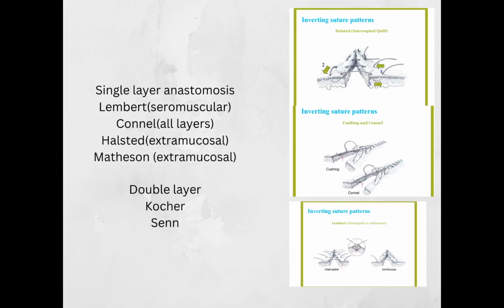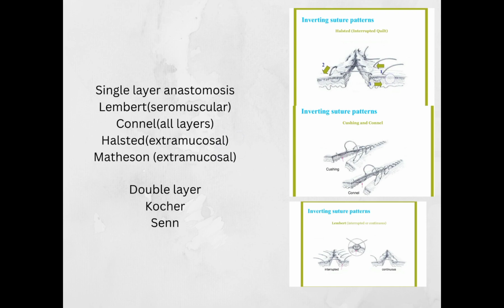Then the next image we have is of Halsted sutures, Cushing and Connell sutures, and Lambert suture. Basically what we need to remember is which are single layer anastomosis and which are double layer anastomosis. In the single layer we have Lambert sutures. Lambert sutures are seromuscular, including the serosa and the muscle layer as shown in this picture, and then the Connell suture includes all the layers, and the Halsted sutures are extramucosal.